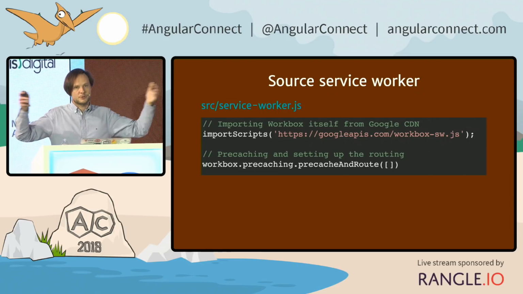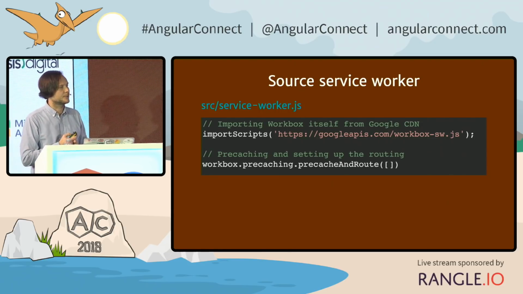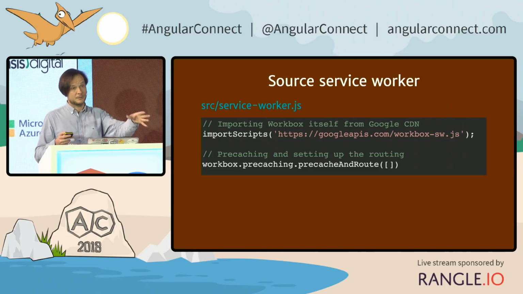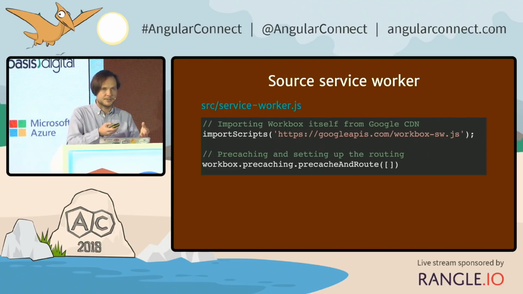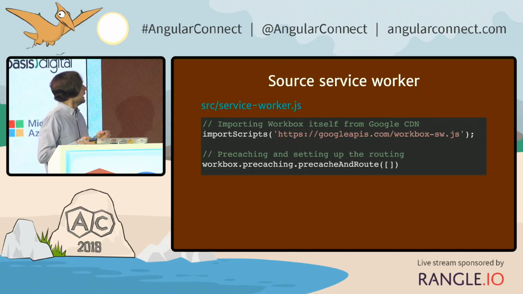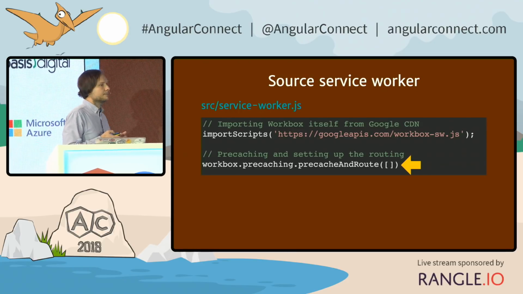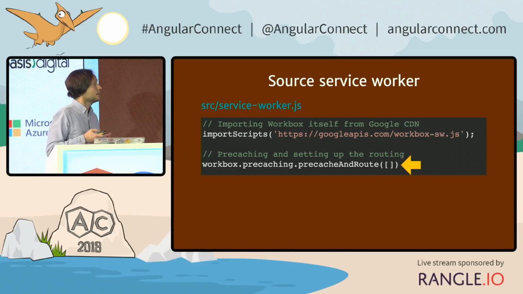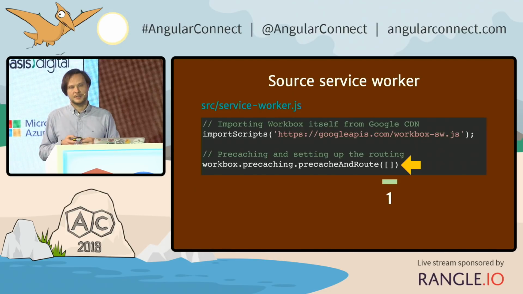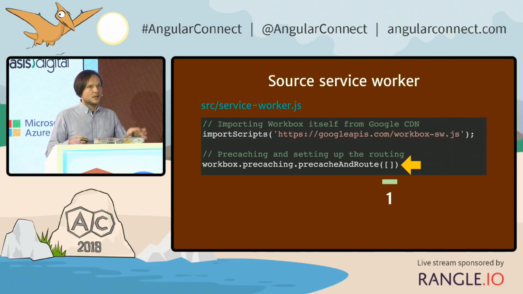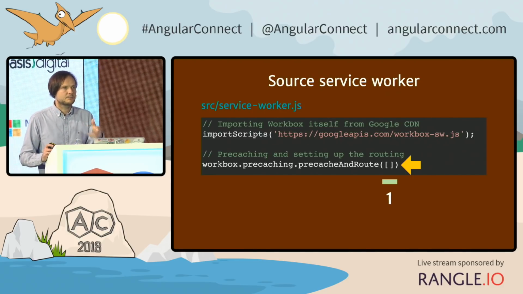First line, we import Workbox itself. By default, we do it using Google CDN, but of course we can download the files and serve everything locally, not a problem. And then we have this empty array, which the injectManifest method will populate with the manifest list we just generated. So what does injectManifest do? Two things.